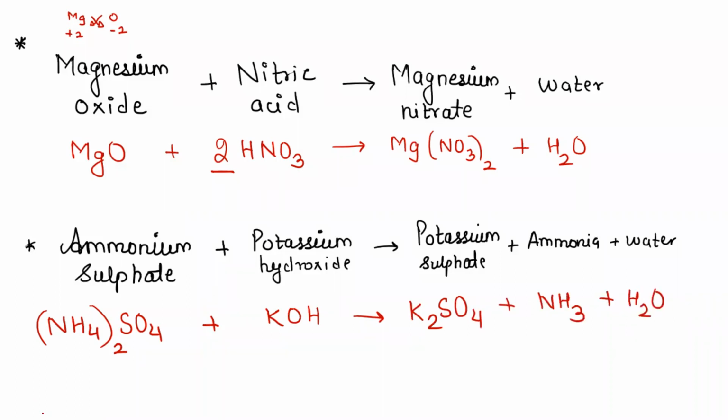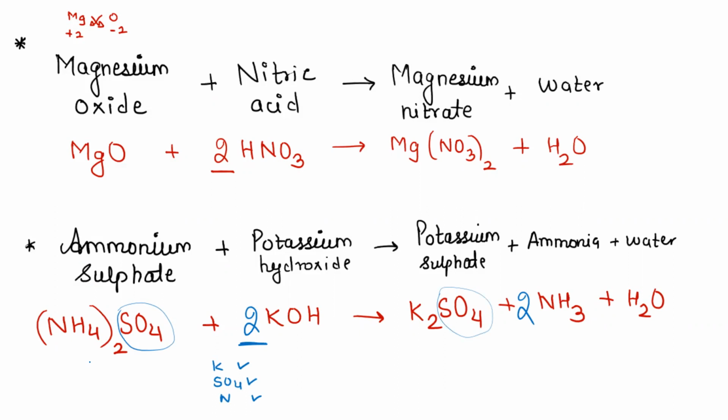Balancing, since it is K2SO4, so it will be 2KOH. 2 nitrogens, so 2 nitrogens. Sulfate and sulfate is 1 and 1, so it is balanced. So potassium is balanced, sulfate is balanced, nitrogen is balanced. Let's check hydrogen.